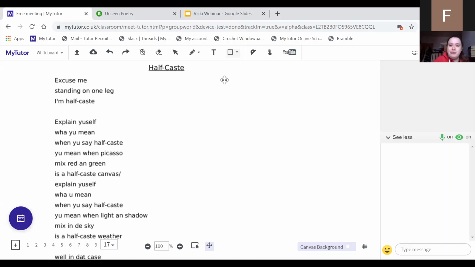Some really interesting thoughts. So half caste was a discriminatory term used for people of mixed race, which sort of made them feel subhuman, sort of mixed blood, and made it sound very negative, and it's absolutely not. It's something that generally has gone out of fashion.